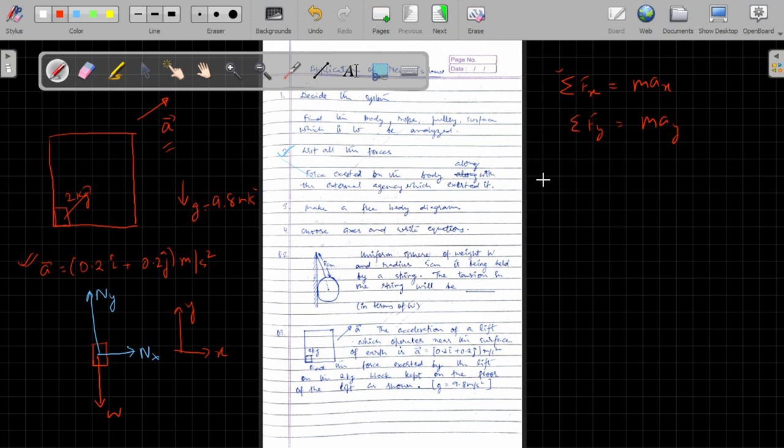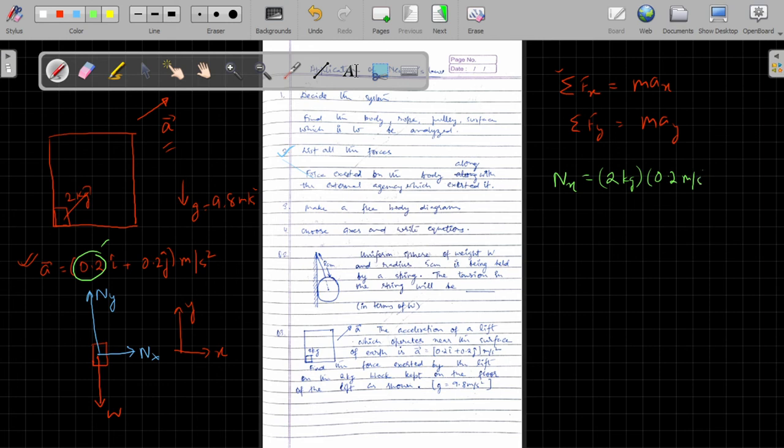So the sum of forces in x direction: the only force in x direction is Nx. So Nx is equal to the mass of the block, 2 kg, times the acceleration in x direction. The acceleration of the block in x direction is 0.2 meter per second square.